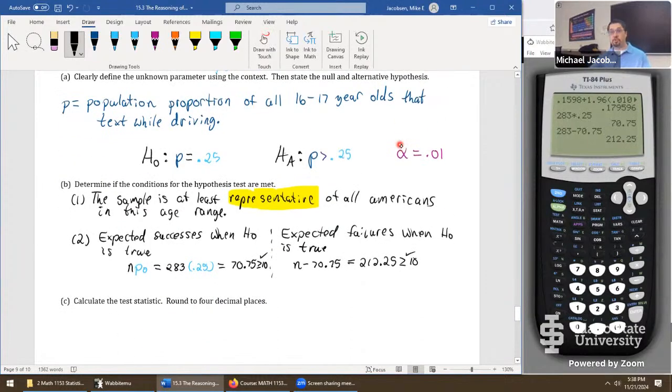So now from condition 2, we're able to say the sample size is large enough and conditions are met. We hope. There's a lot of trust that goes on this particular problem.